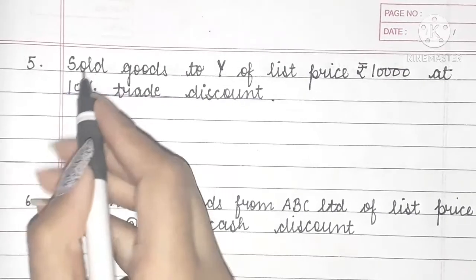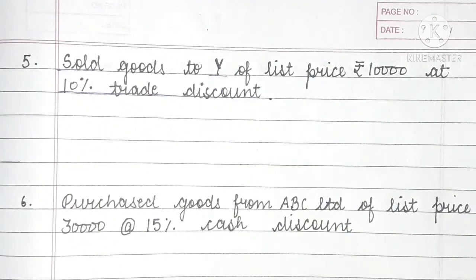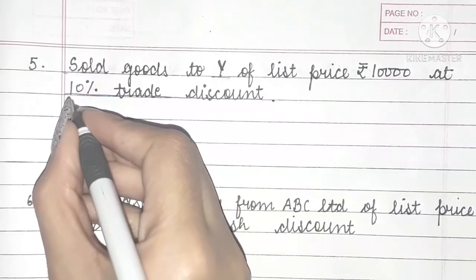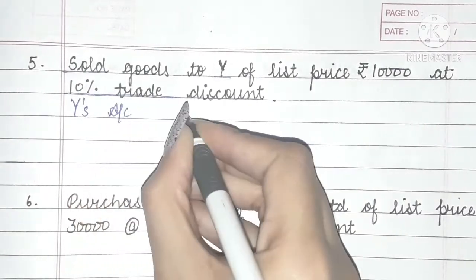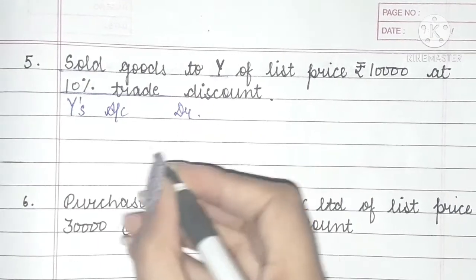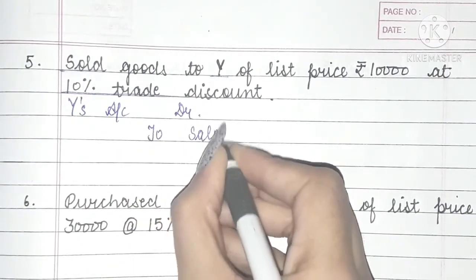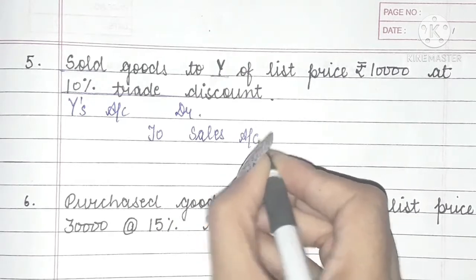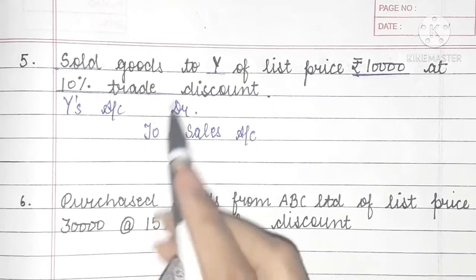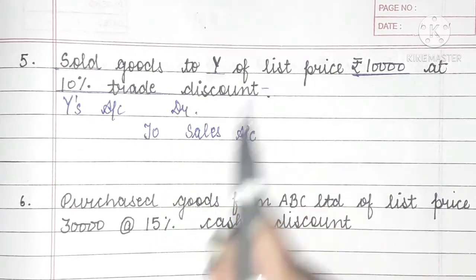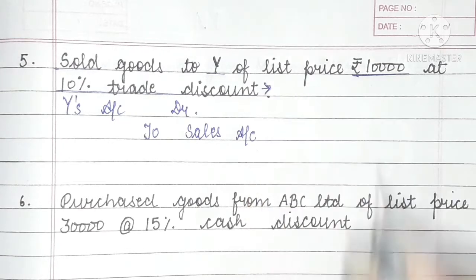Here we are selling the goods to Y. The entry will remain the same, that is Y's account debit to sales account. Amount is rupees 10,000, but what about the 10% trade discount? So we'll show this in the amount columns.